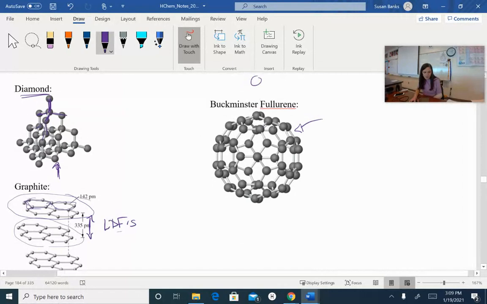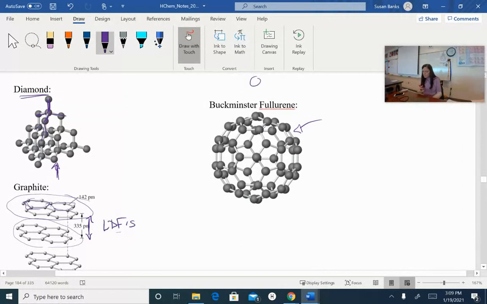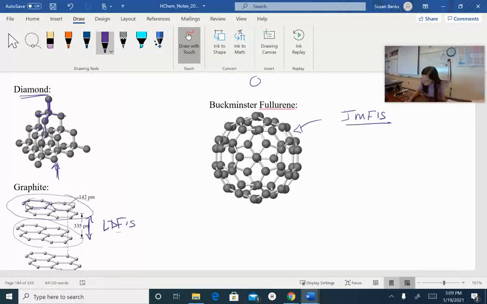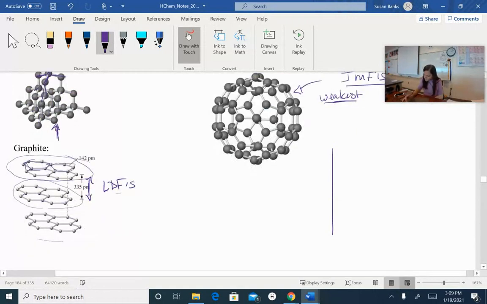let's talk about ordering these intermolecular forces from weakest to strongest. So these intermolecular forces, IMFs, we're going to go from weakest to the strongest.